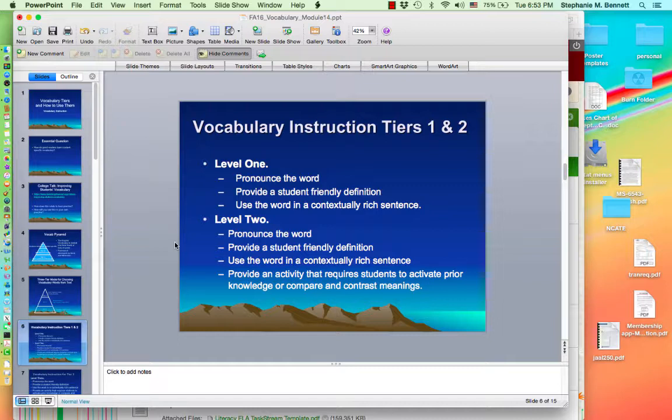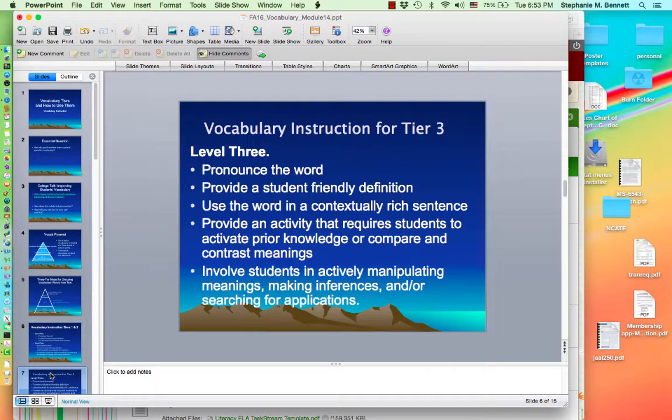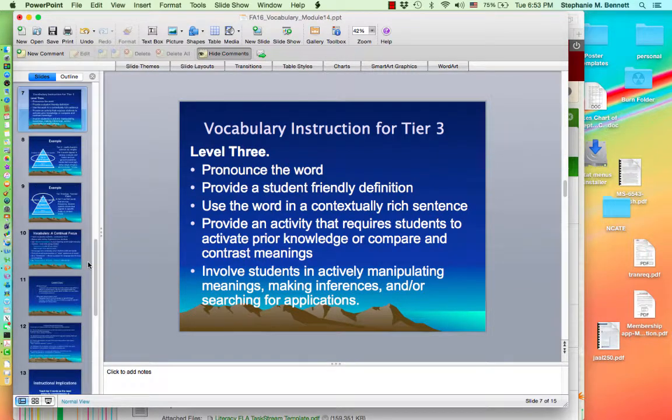So with Tier 2 words, we want to do all 3 of those things, but then we also want to have an activity that requires them to activate prior knowledge or compare and contrast meanings of those Tier 2 high frequency words. For Tier 3, we want to pronounce the word.